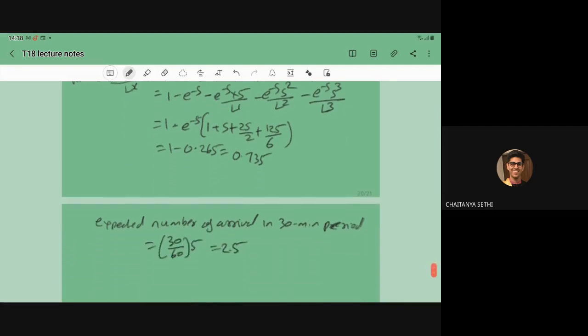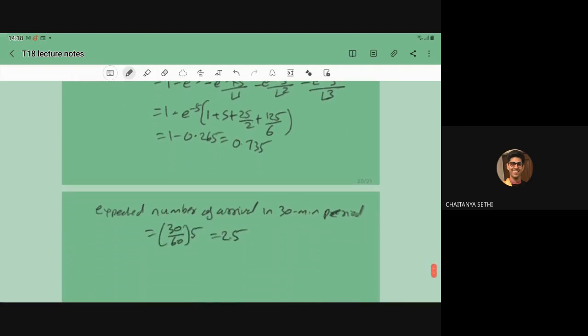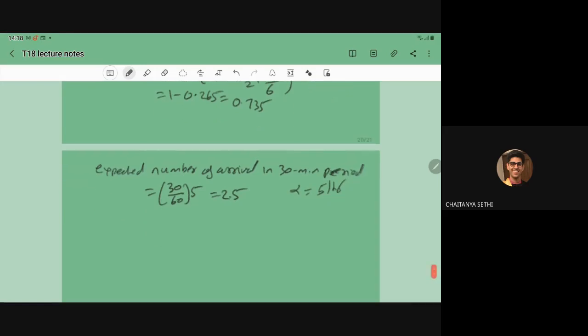And it is asked what is the expected number of arrivals in the 30-minute period. So in the Poisson process, it is given to you that the average rate is 5 per hour. So for the 30 minutes, how many arrivals are expected? So lambda is equal to alpha into t.